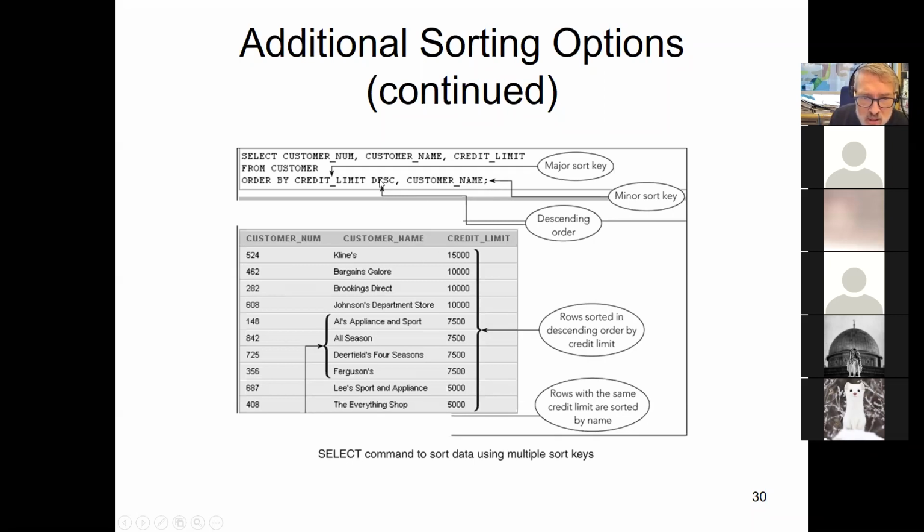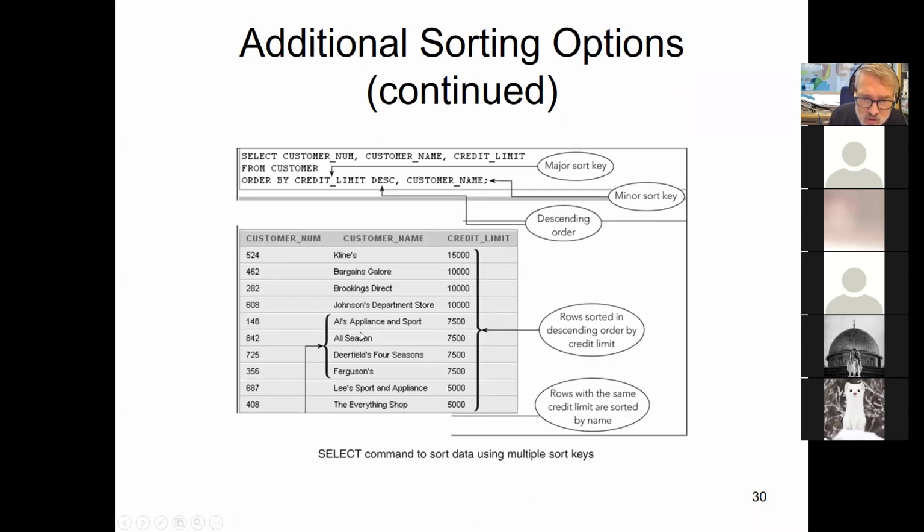And so how does this work? So the major sort happens first. The credit limit is sorted in descending order, so the biggest credit limit down to the smallest credit limit. Then within where we have the set of credit limits are all the same, then the minor sort comes into play. And so for all of the 10,000s where that credit limit is the same, those things will be in alphabetical order inside the 10,000.